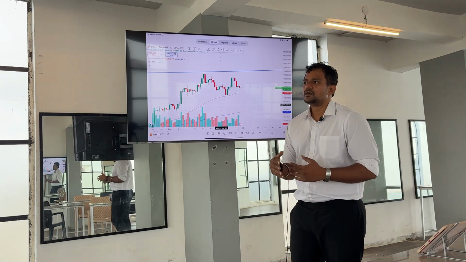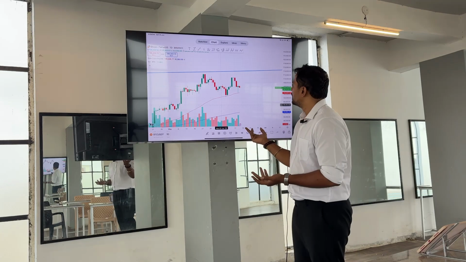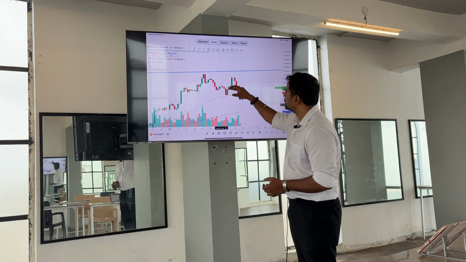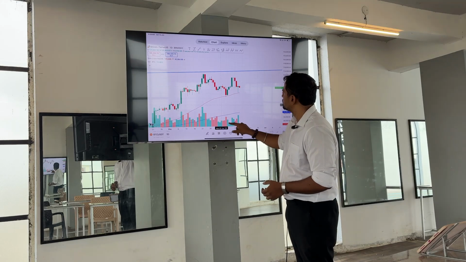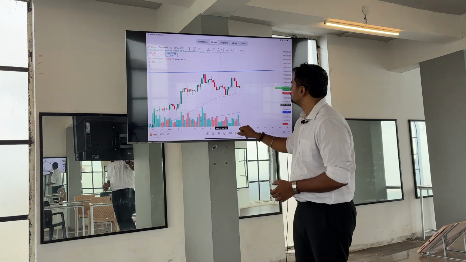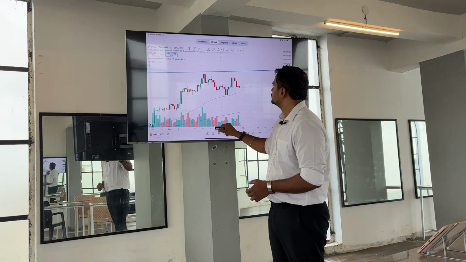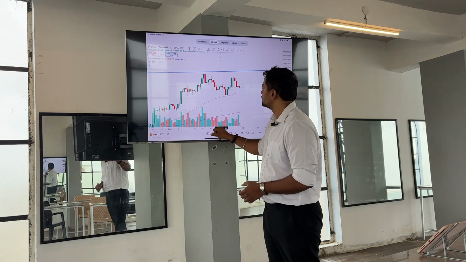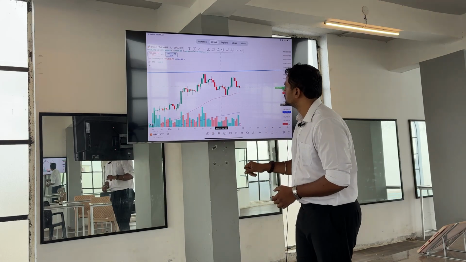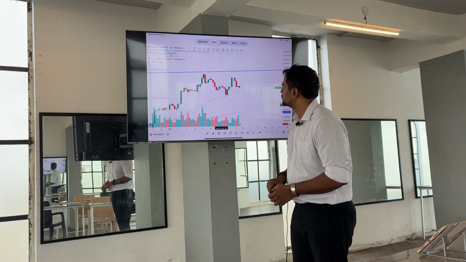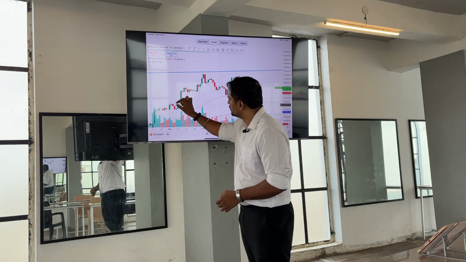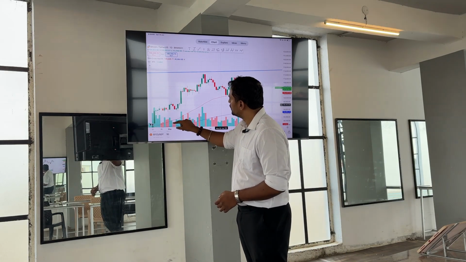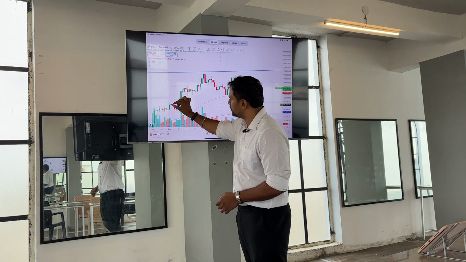When there is no correlation, let's just say prices are moving up this much, but there is a very small amount of volume. Here we can see there is very low volume and the bar is at least a little bit longer.